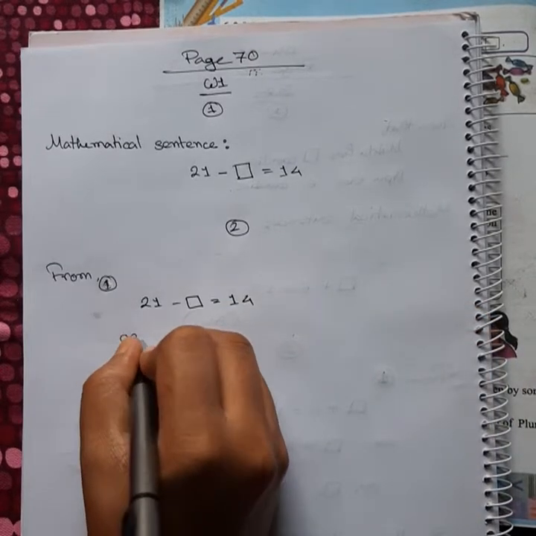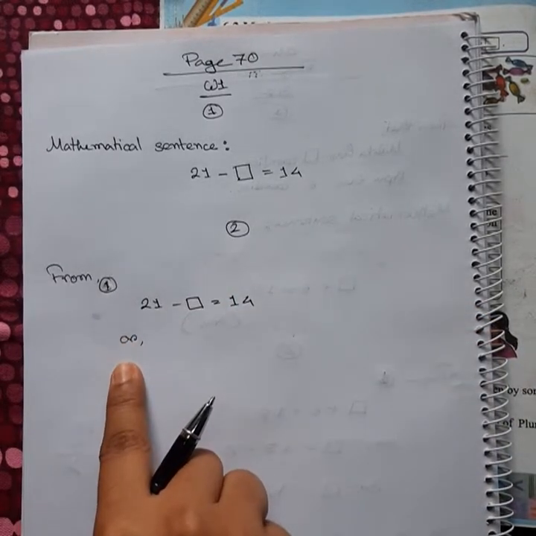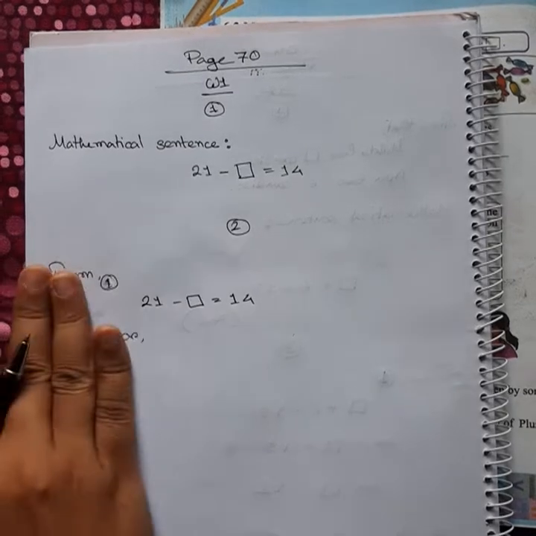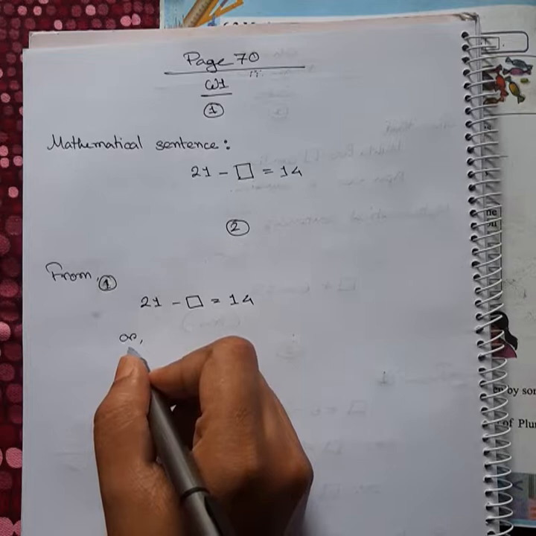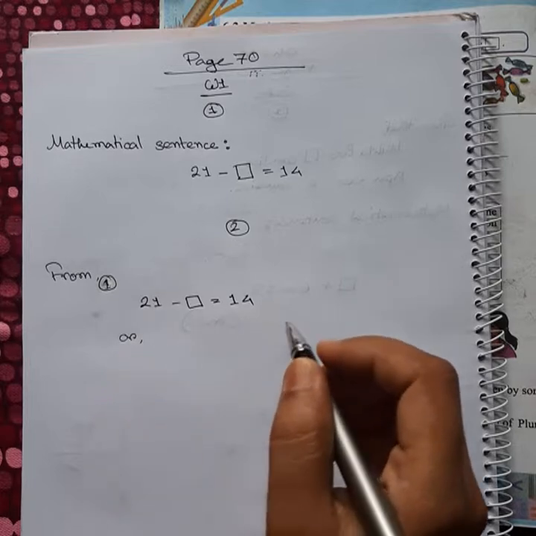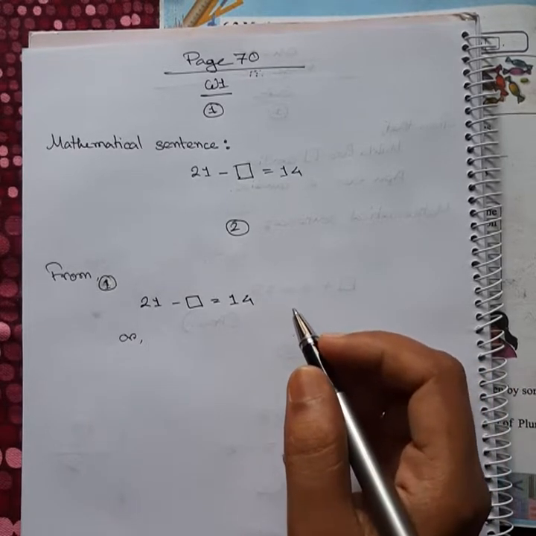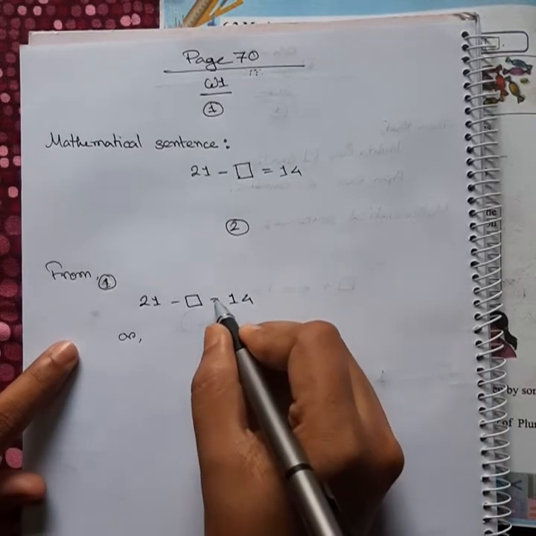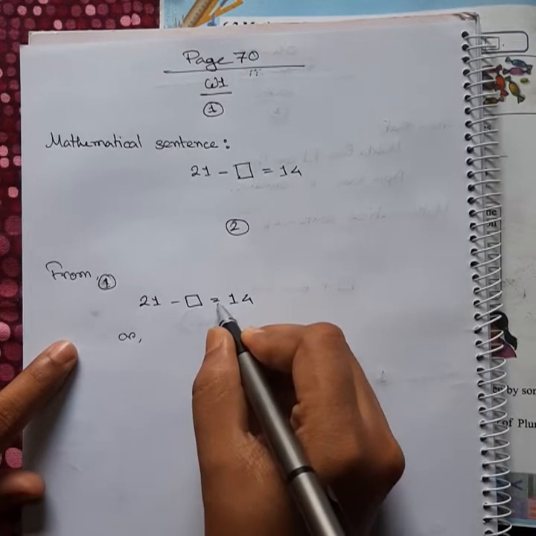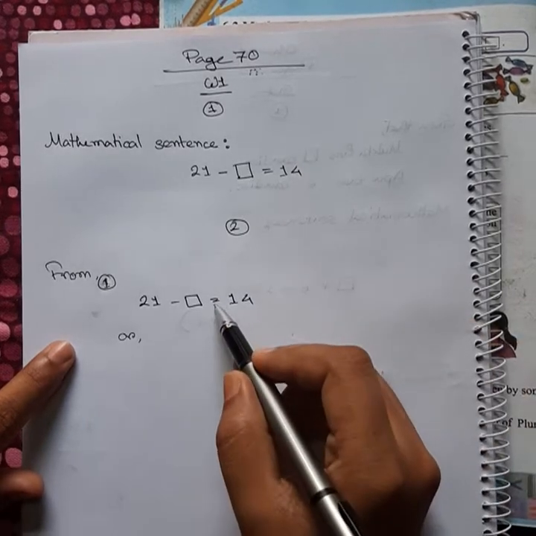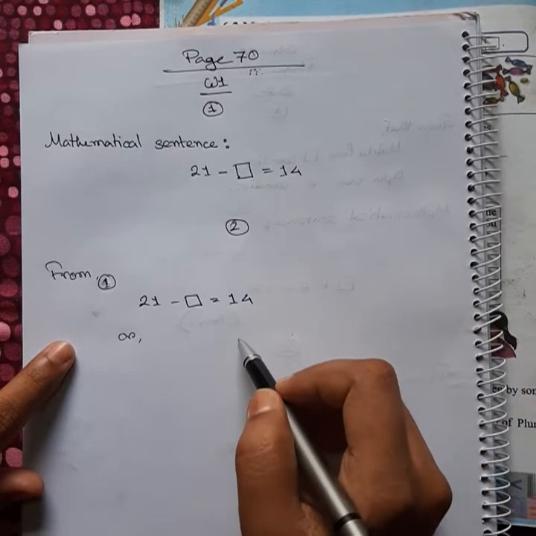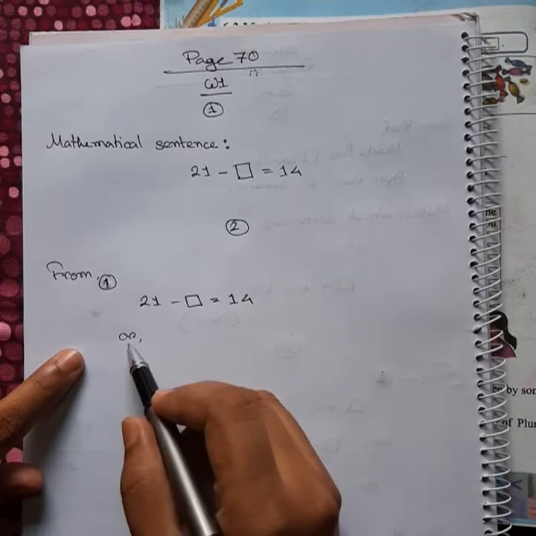So another thing, every time on our left hand side, what are we going to write down? Equal? No, we are not going to write down equal. We are going to write down what? Or, right? Because we already have one equal sign in the middle of the sentence, and whenever we have one equal sign, we cannot use another equal sign over here.